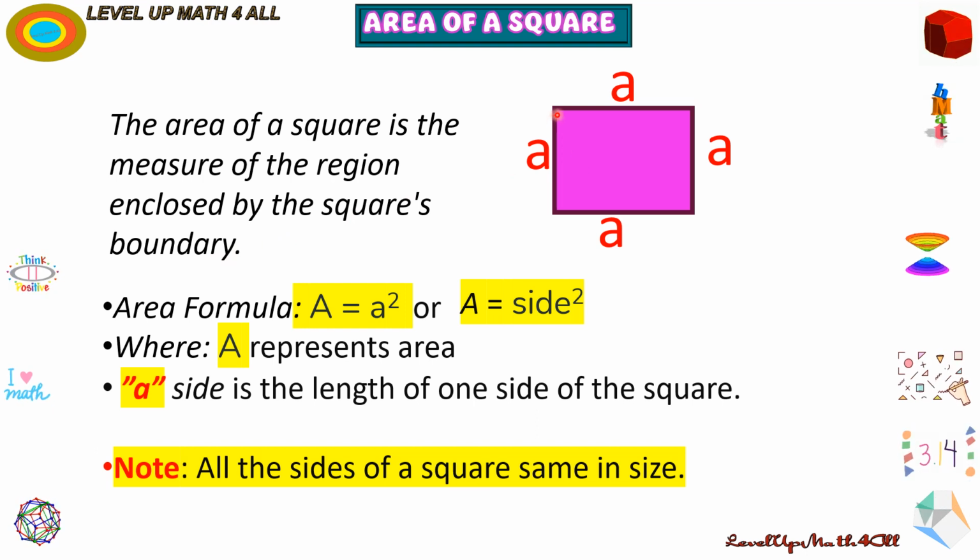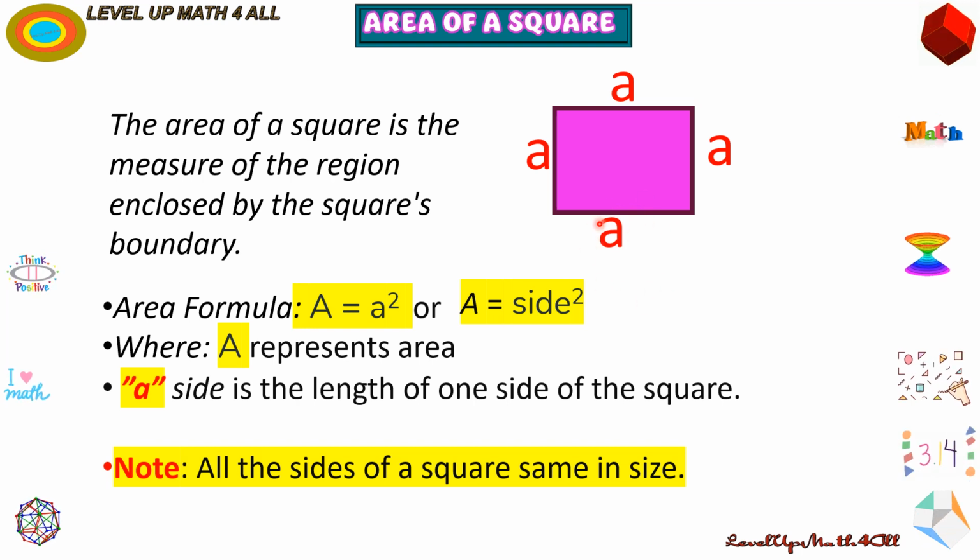The square's boundaries are here. You see the four different boundaries are enclosed. The area we are going to find is this. We need to figure out how much area is enclosed within these four boundaries, which we call the sides.